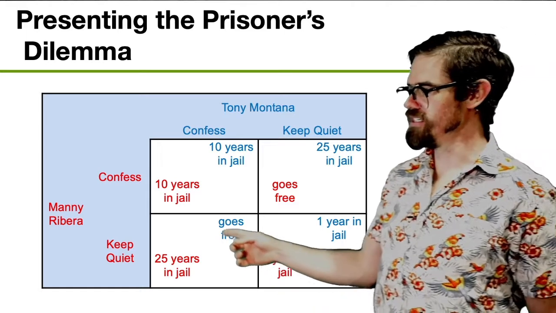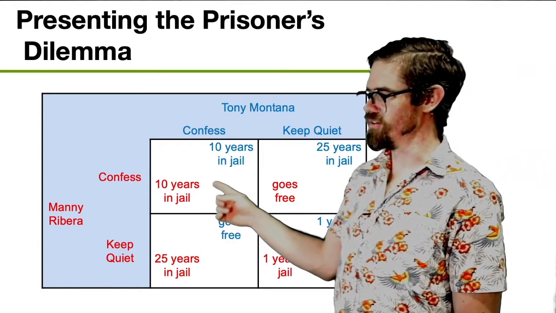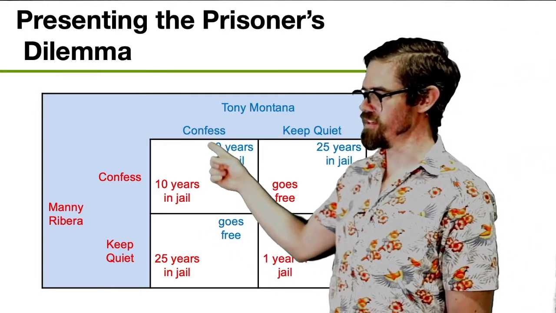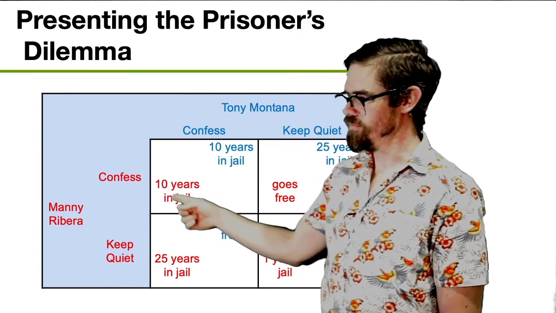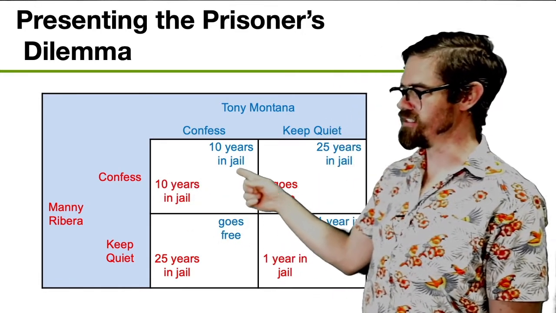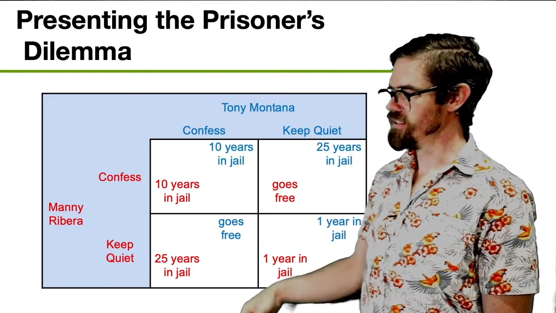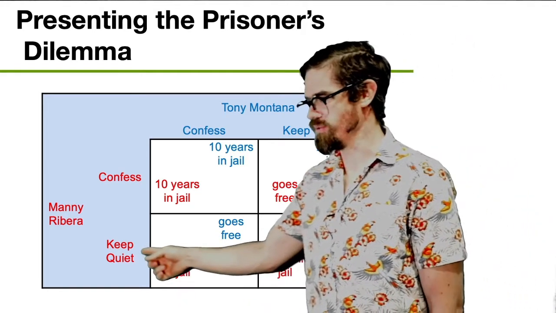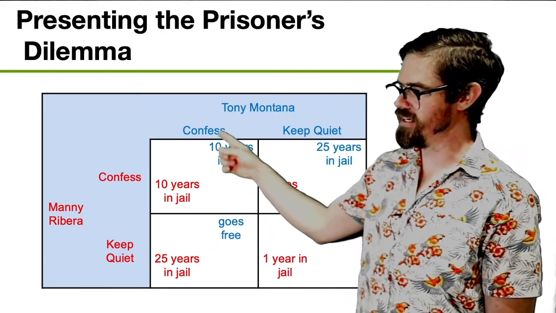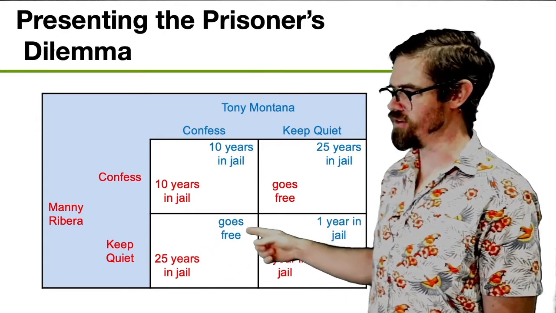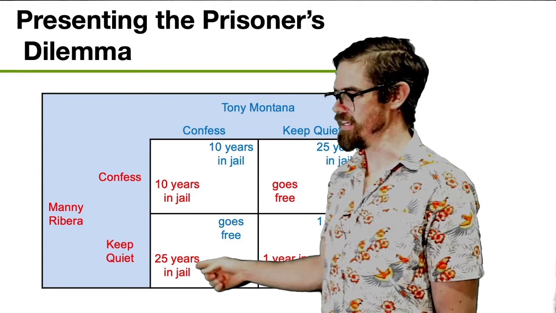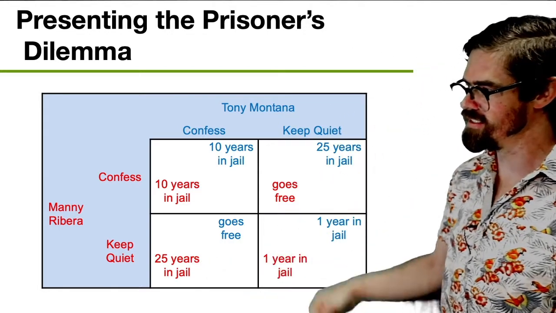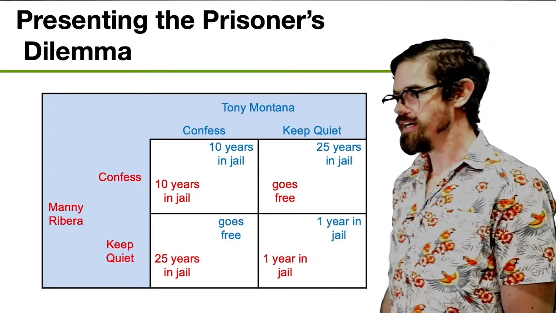And then we see the different possible outcomes. So in this box, if they both confess, Manny gets 10 years in jail and Tony gets 10 years in jail as well. Here down in this box, this is where Manny keeps quiet, but Tony confesses, in which case Tony goes free and Manny gets 25 years in jail. So that's how you read these game tables.